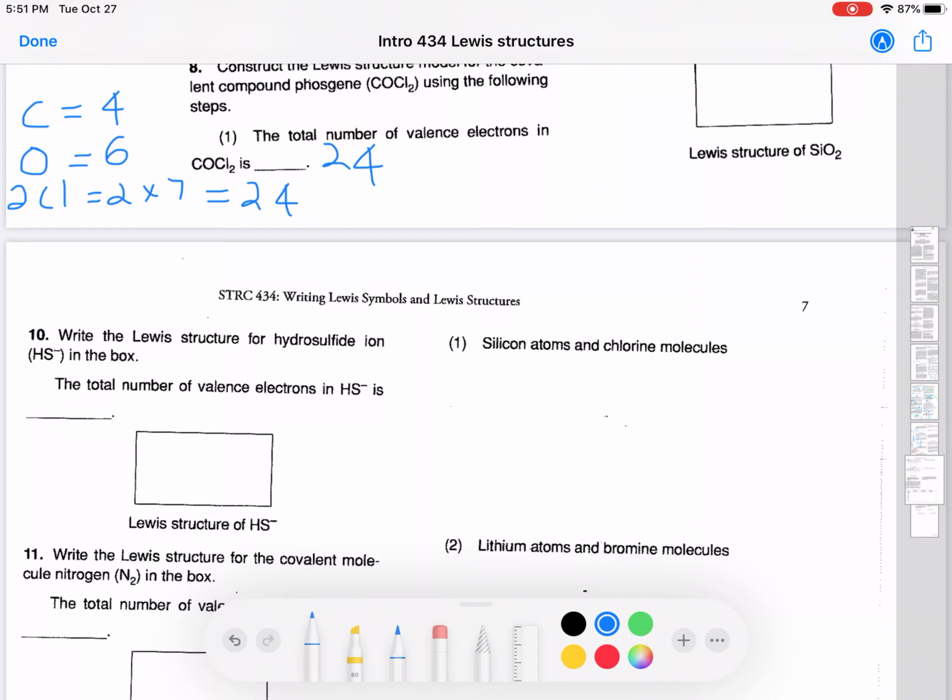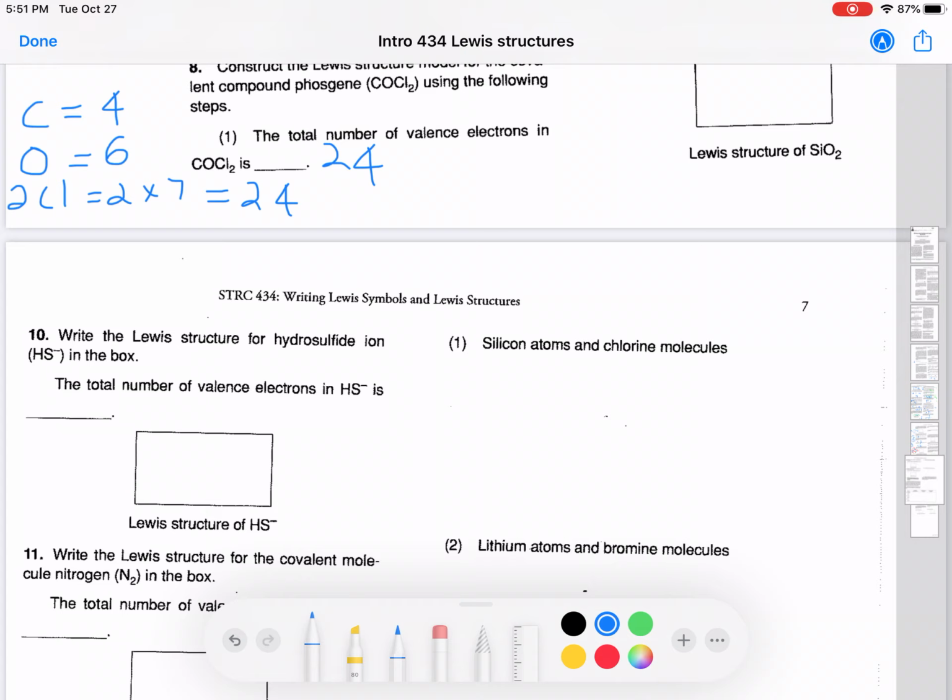In this compound, carbon is the central atom. Arrange the atomic cores appropriately in the space below. So we're going to put carbon in the center, Cl, Cl, oxygen. Add a pair of electrons, C, O, Cl, Cl.